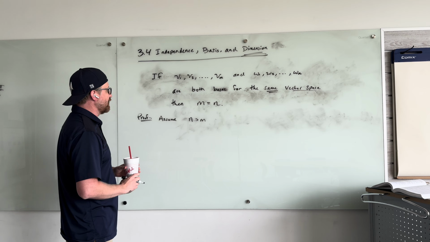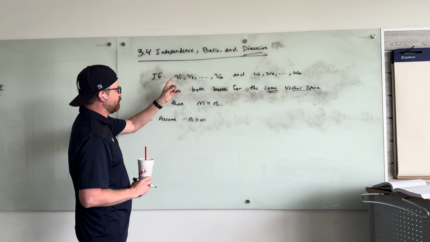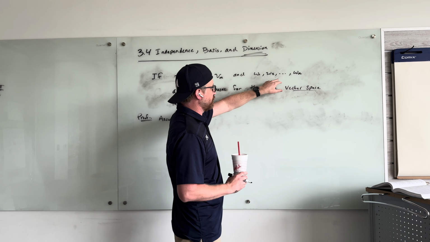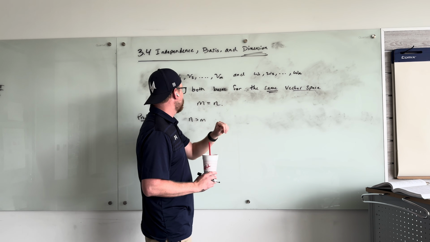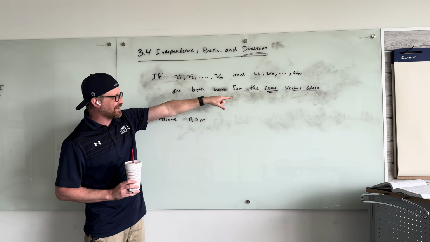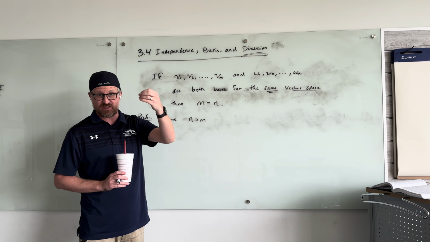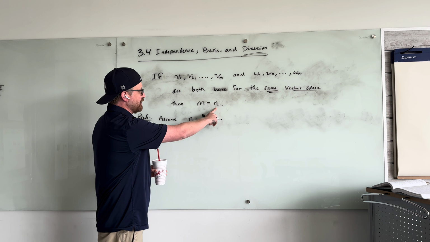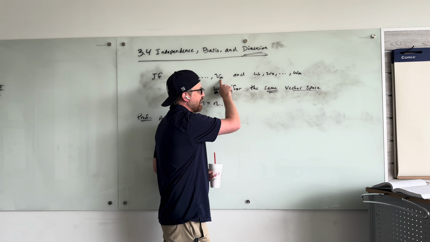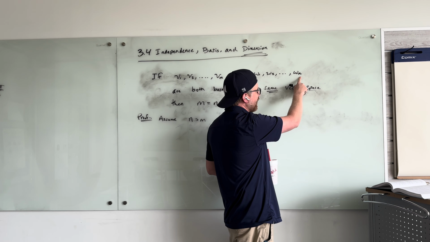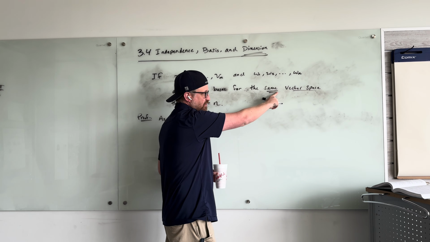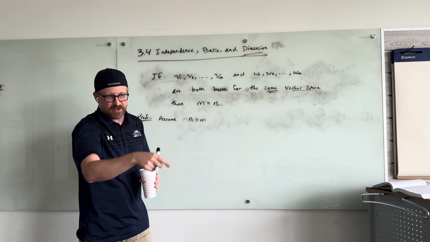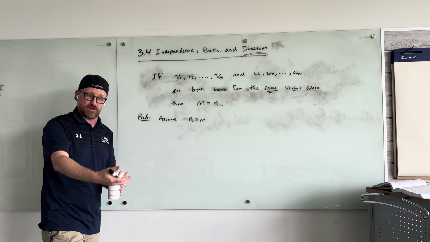The statement is: if the vectors v1, v2 all the way to vm, and w1, w2 all the way to wn are both bases for the same vector space, then m has to be equal to n. Whatever number of vectors I have, if they're describing the same vector space, they must be the same number of vectors. They must have the same dimension.